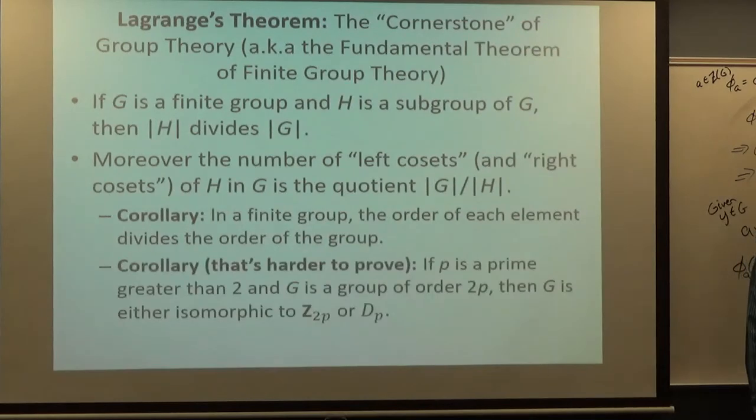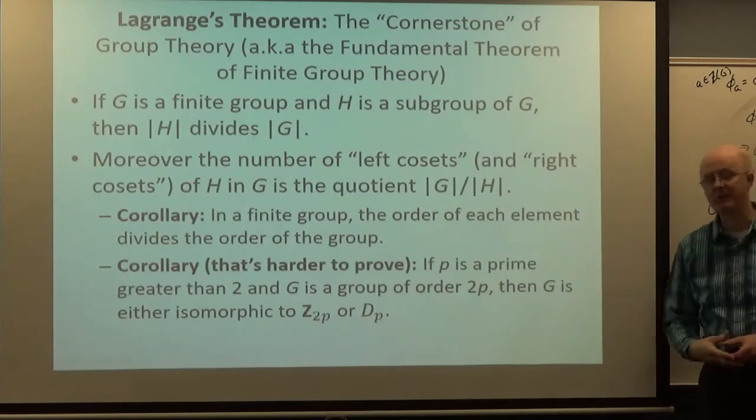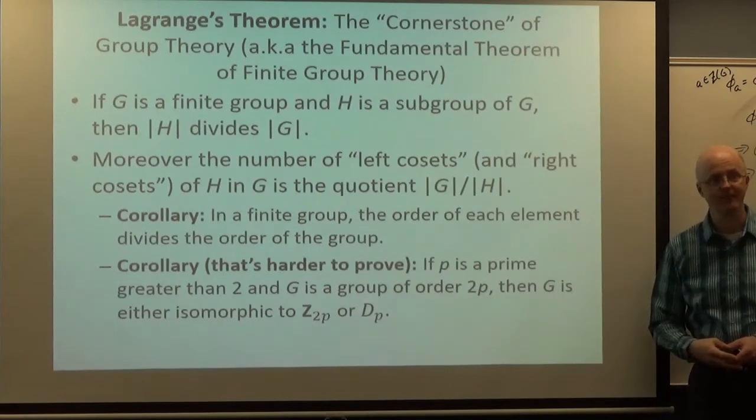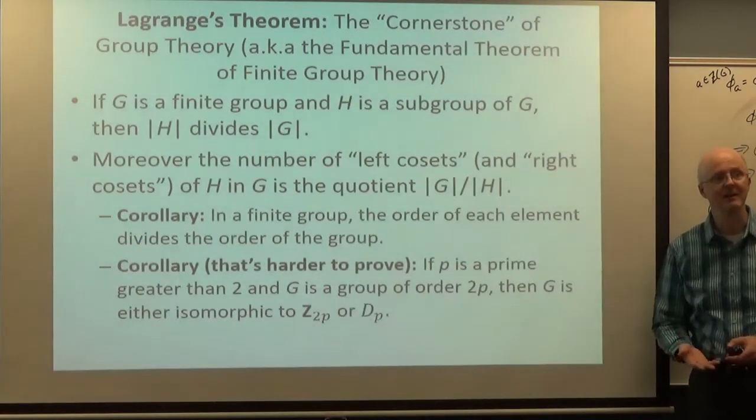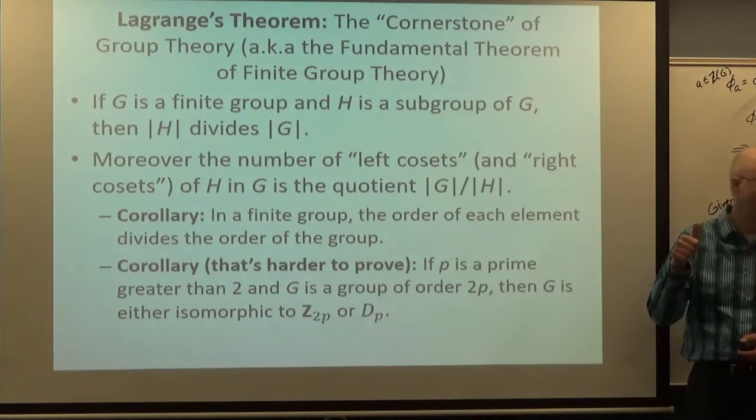Harder to prove is, for example, this corollary. If P is a prime greater than 2 and G is a group of order 2P, then G is isomorphic to only 2 possibilities. G is either cyclic or it's isomorphic to DP. There's only 2 possible isomorphism classes for groups of order, excuse me, 6, 2 times 3.